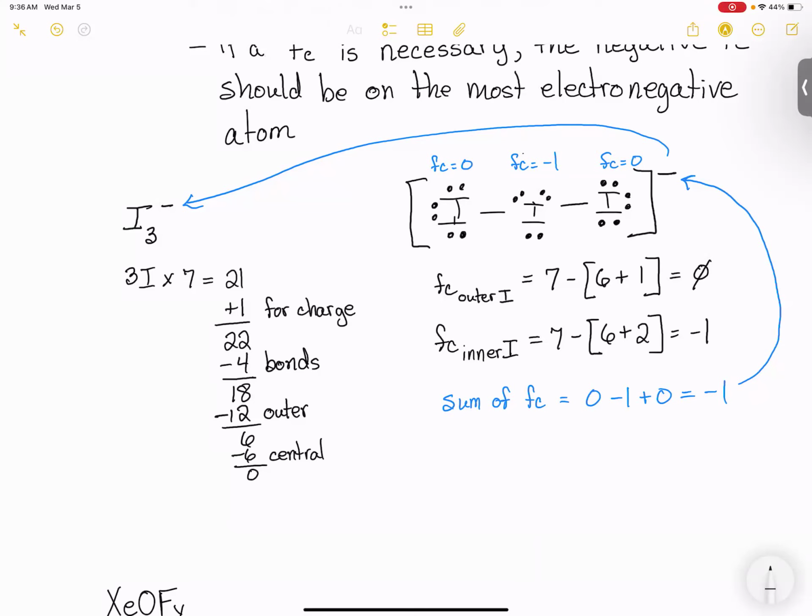The sum of the formal charges, if you add them all together, is equal to -1. This is perfectly acceptable because our substance had a -1 charge. And when you have an ion, the formal charges are going to add up to the charge on the ion.